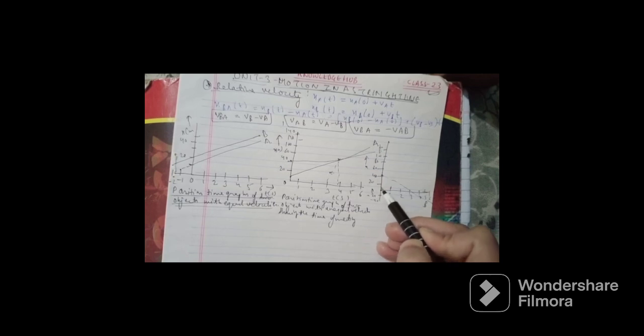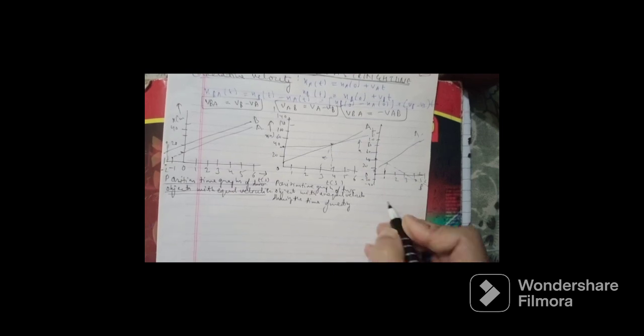So for the same, it will go, this is at point B, and here it will go from 0 to 20.